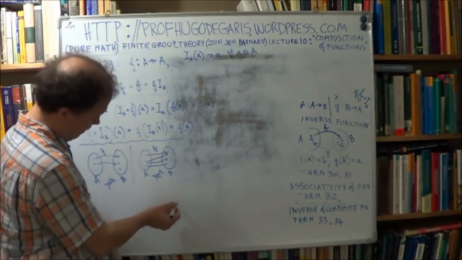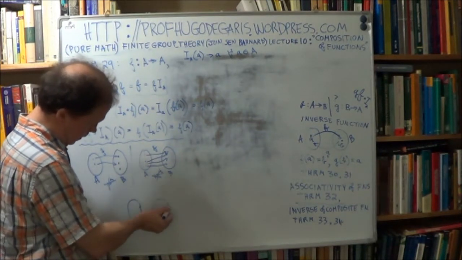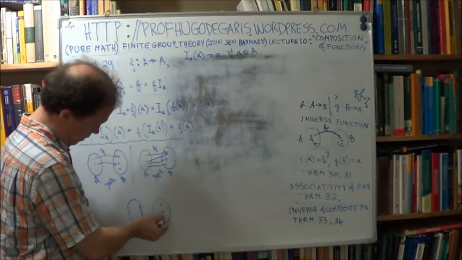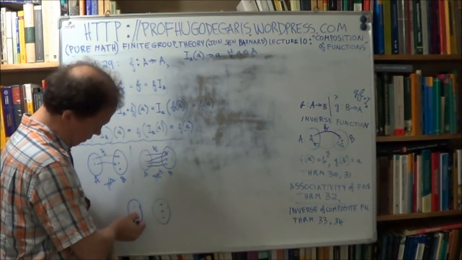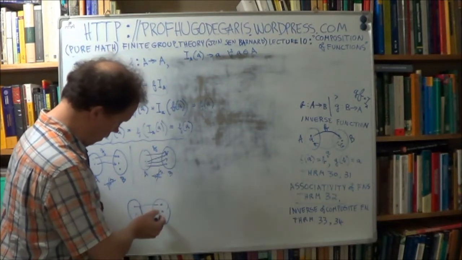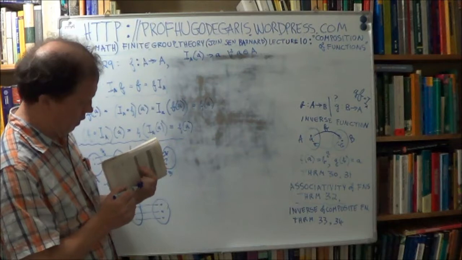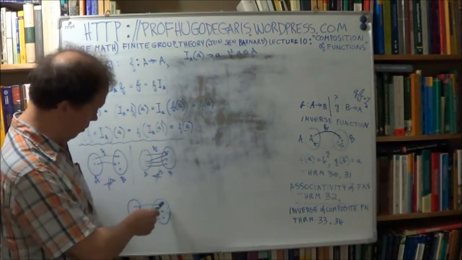So, now bijective is 1-to-1, remember? So, it's strictly 1-to-1.